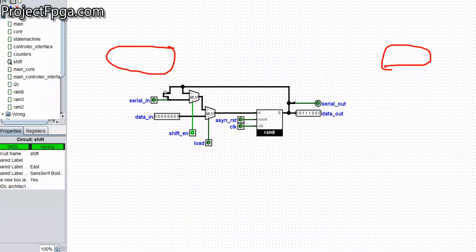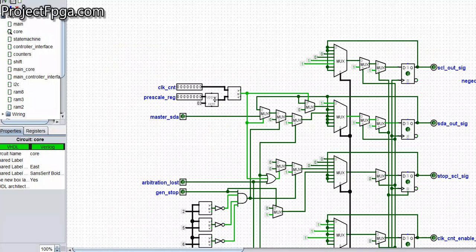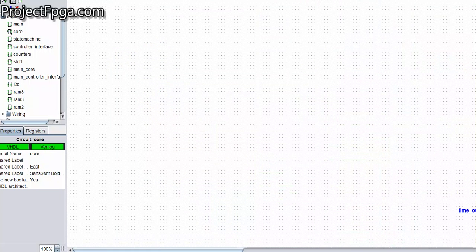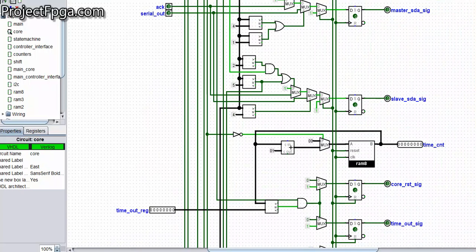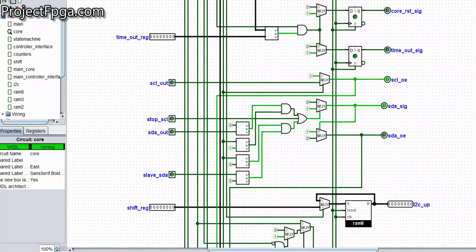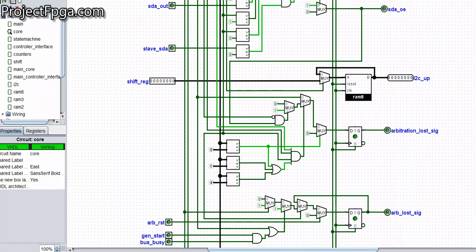So this is the shift. Whenever it's not receiving, this shift goes over and links up with this I2C up here. So this is where it comes from, shift reg. They're going to be joined in another module.